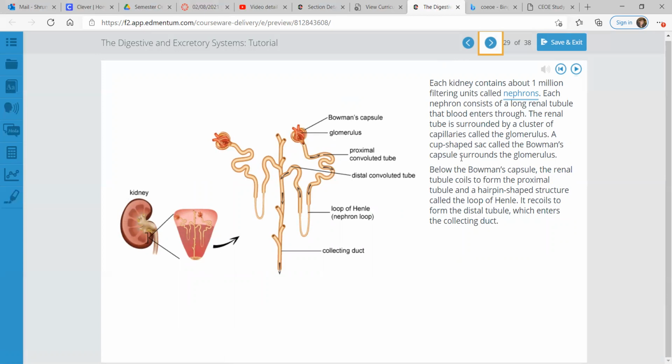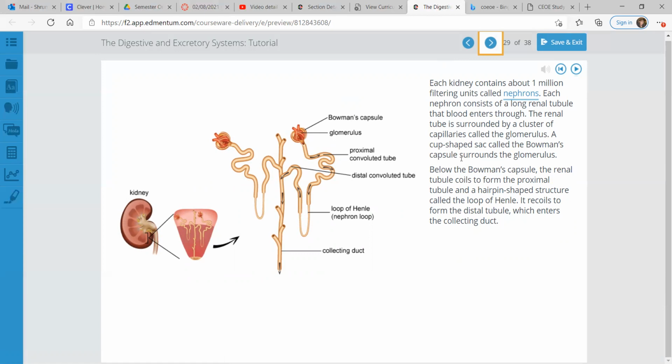Each kidney contains about 1 million filtering units called nephrons. Each one of these little nephrons consists of a long renal tubule that blood enters through. The renal tube is surrounded by a cluster of capillaries called the glomerulus.